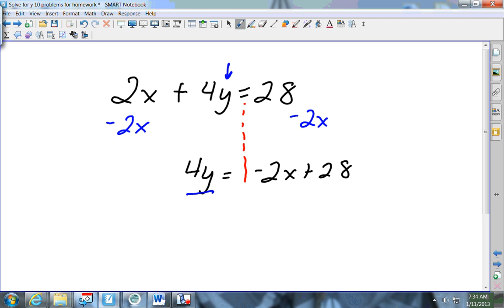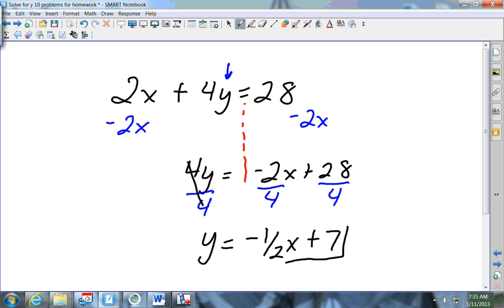Now I'm going to divide each side by 4. I have y equals, because these cancel out. Now, negative 2 divided by 4. Remember, if you don't know what that reduces to, you can put that in the calculator and press math, enter, enter, and it will reduce it. That's negative 1/2 x. 28 divided by 4 is 7.